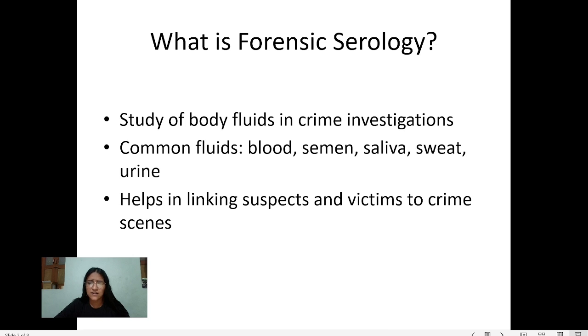It tells investigators what kind of biological material is present at a crime scene, whether it's human or animal body fluid, and whether DNA can be identified from it or not. As we all know, if DNA can be identified, then person identification is possible.